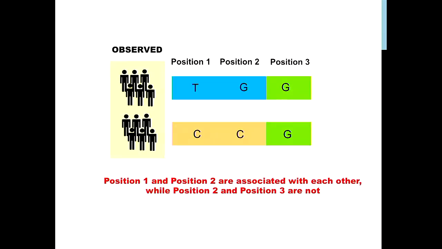So remember when we were determining the haplotypes from our observed data, we had to figure out that positions 1 and 2 are associated with each other, while positions 2 and 3 were not. And we could do that by comparing what we observed with what we expected, given the proportion of variants at each position.